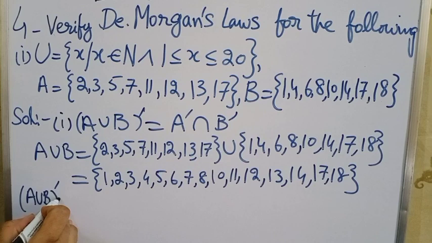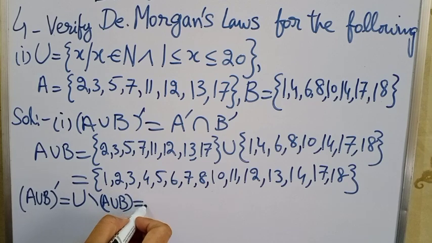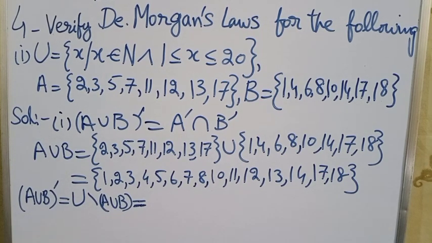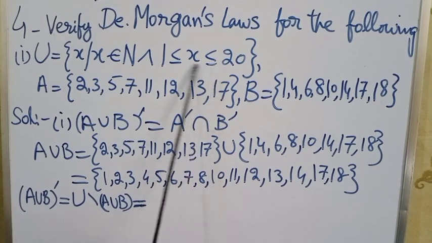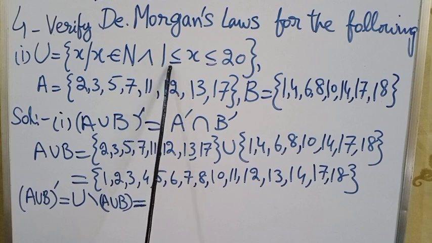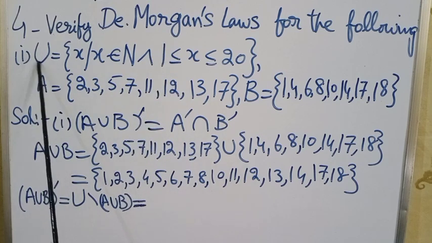(A union B) complement means universal set minus A union B. It means all elements of the universal set not common with A union B. So we have observed that this set contains all elements from 1 to 20 of natural numbers, and A union B is a subset of the universal set.